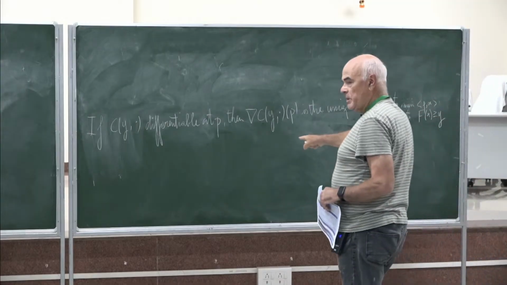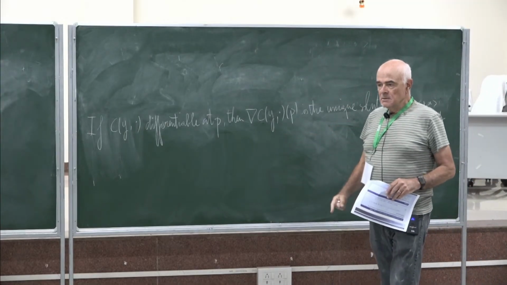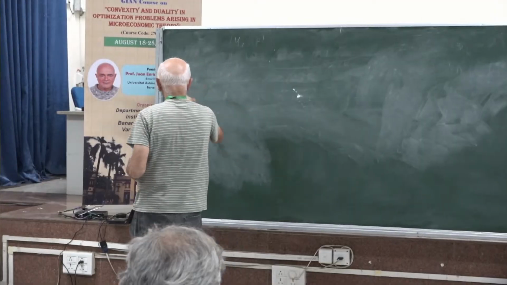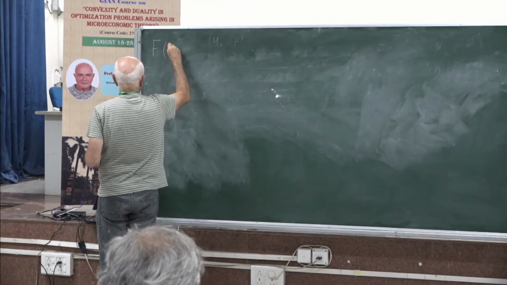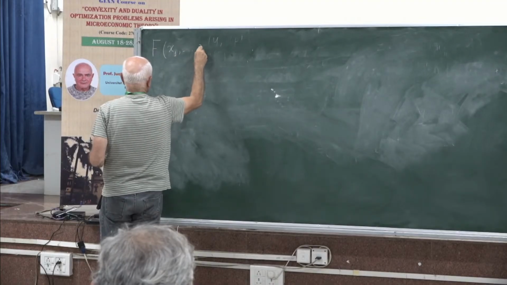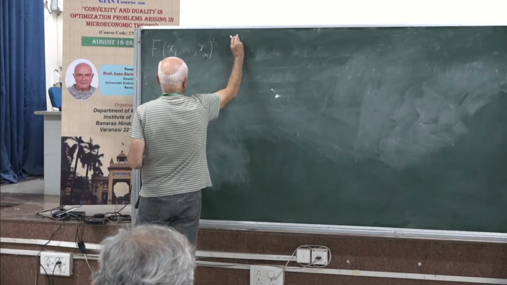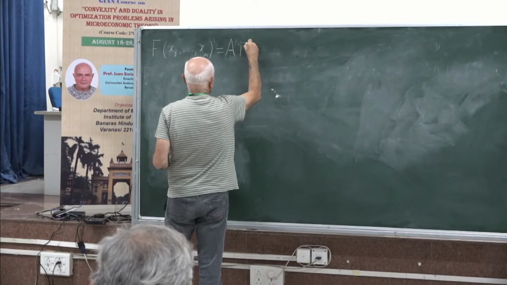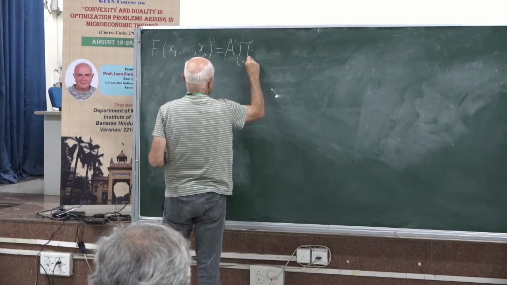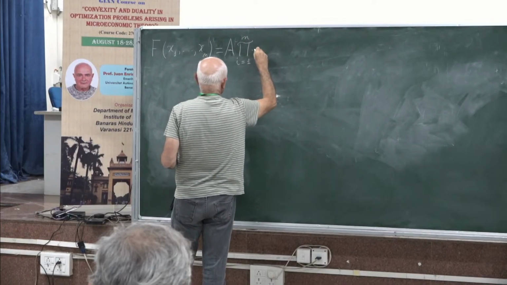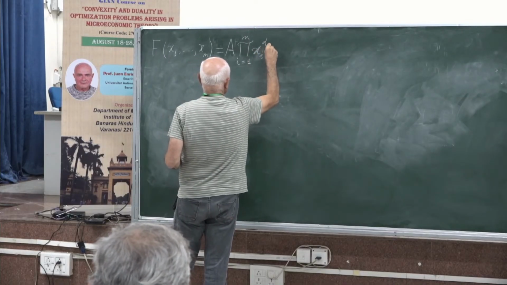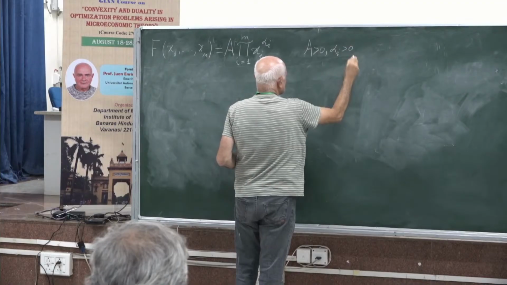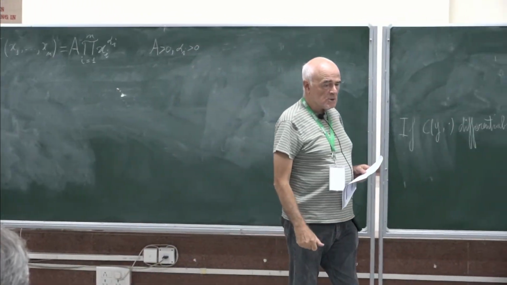Well, let us illustrate this result with a Cobb-Douglas function. A and the alpha i's are positive constants, as you know.